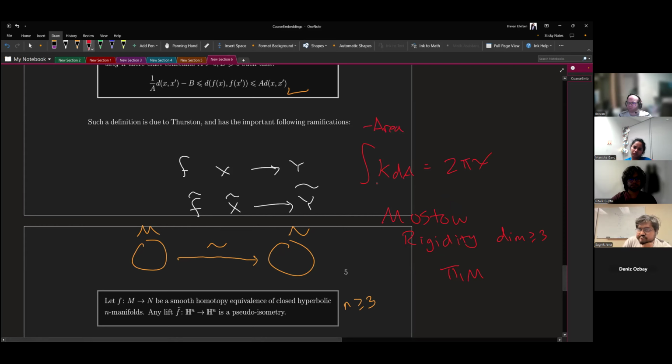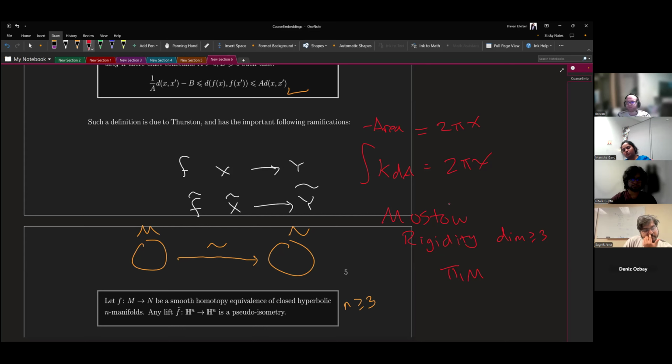Pull it outside the integral, integrate, you get the whole area of the thing is equal to 2 pi Euler characteristic. Of course, the Euler characteristic is negative, so that makes sense. Often you'd move the negative over to the other side, but that tells us our area is given in terms of a topological thing. So the volume of a hyperbolic surface is actually a topological invariant. So what looked geometric was actually topological.